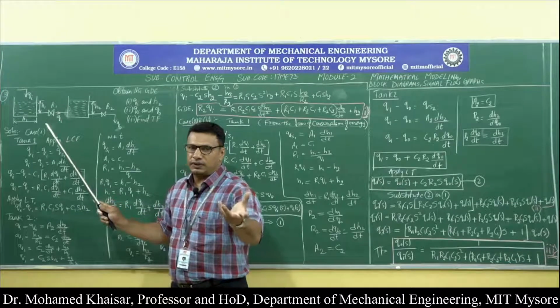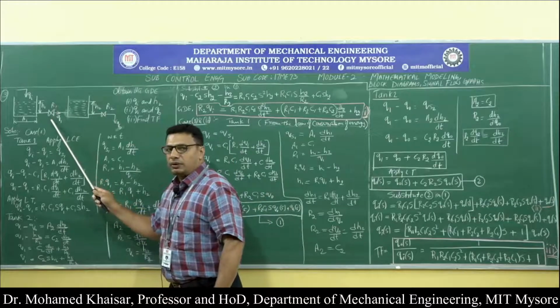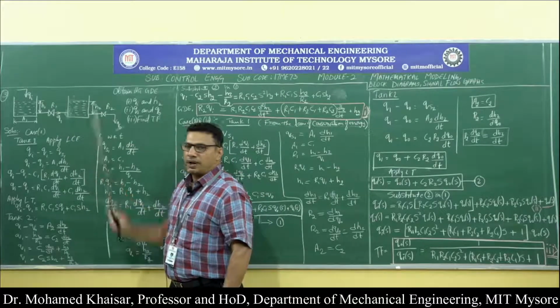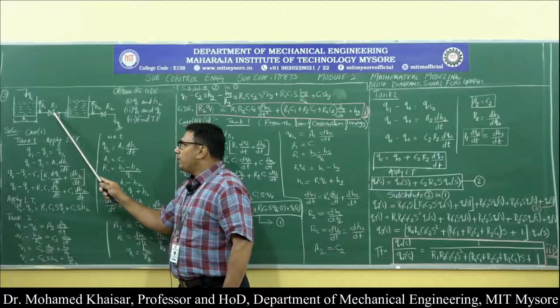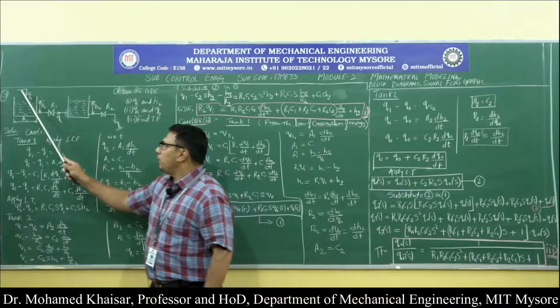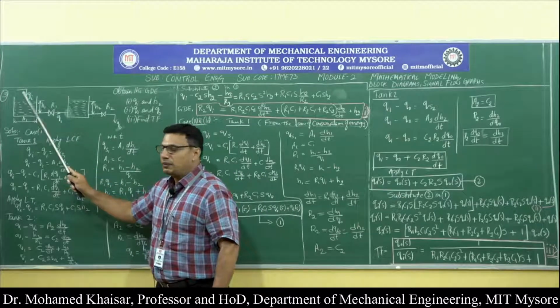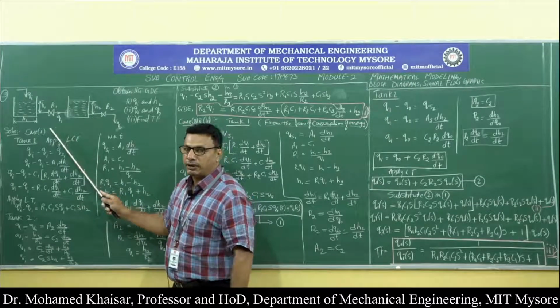Control means what? Control is nothing but resisting the flow. So the control valve is offering a resistance of R1, because of which the liquid flowing out of tank 1 becomes Q1. So Qi is the inflow, and Q1 is the outflow or output from tank 1.